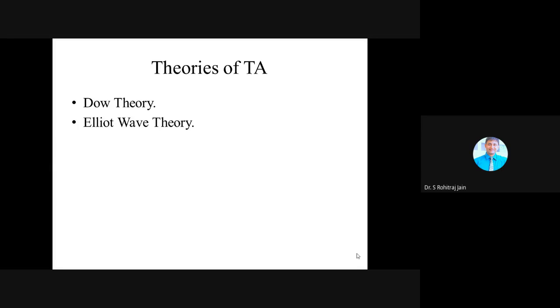See, primary movements, which last from about a year to several years, represent the major market trends. It can be either a bull trend, that is a rising trend, or a bear trend, that is a falling trend. See, a primary bear market trend can be seen as a long decline interrupted by some rallies.